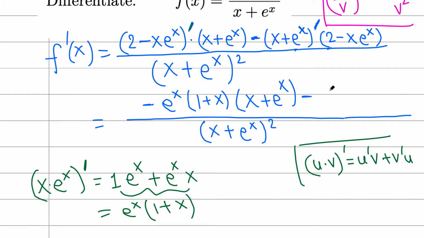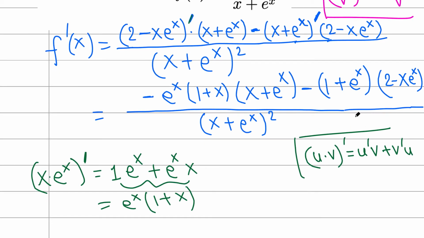Derivative of x is 1 plus, I'm getting two terms, so must put parentheses around, plus derivative of e to the x is e to the x. And here is (2 minus x e to the x).